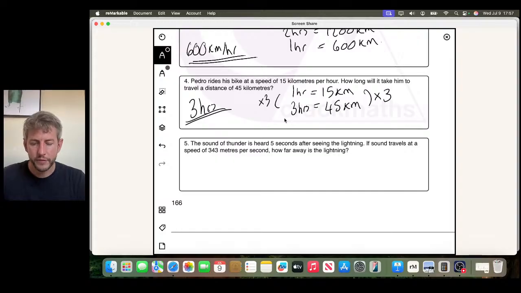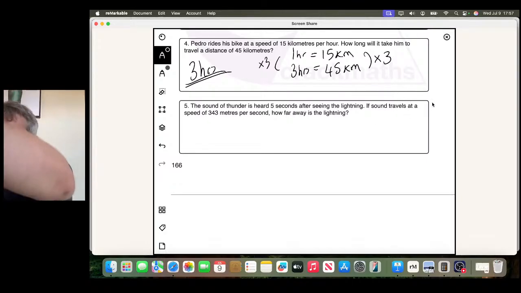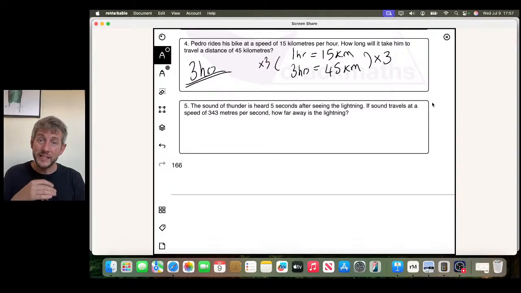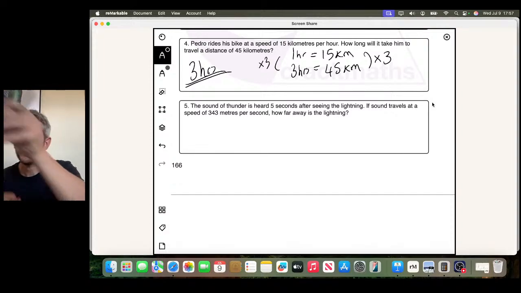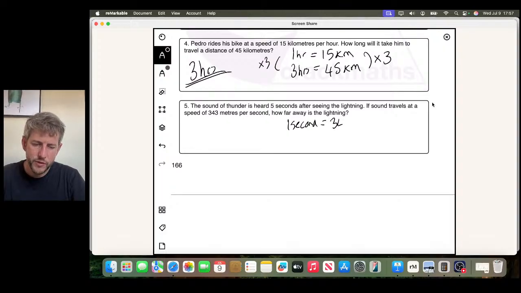Right, question 5. The sound of thunder is heard 5 seconds after seeing the lightning. If the sound travels at a speed of 343 meters per second, how far away was the lightning? So we know in 1 second it's travelled 343 meters.